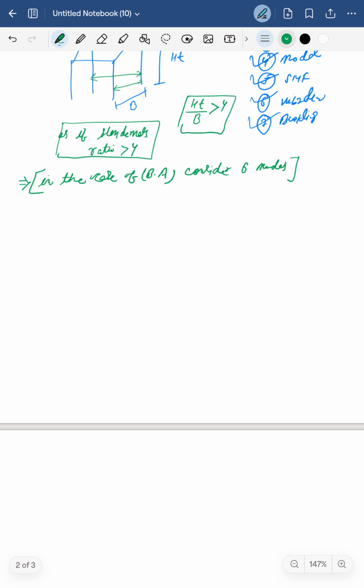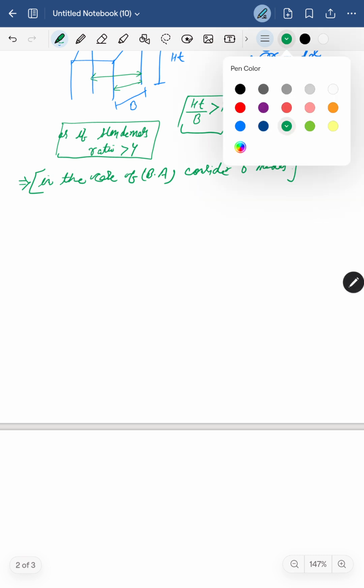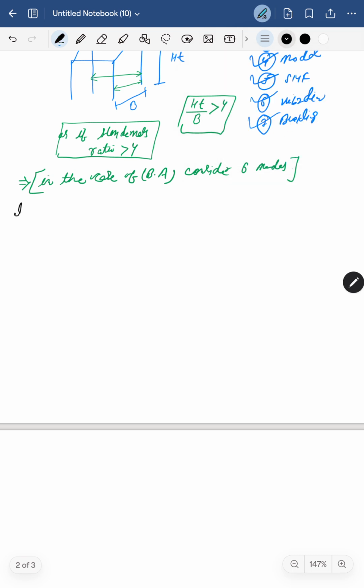The other thing is the load combinations for buckling. Suppose we are considering the buckling analysis in a structure, so what load combinations should we follow?